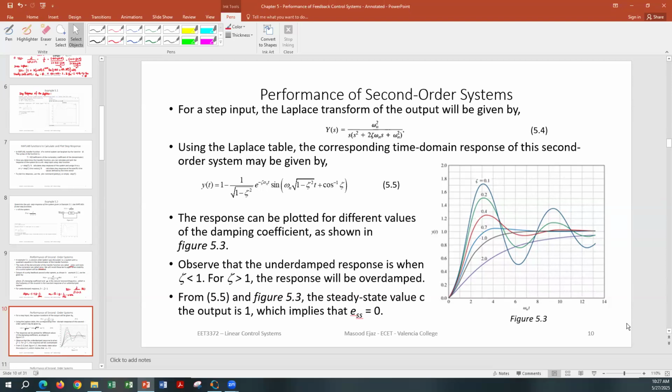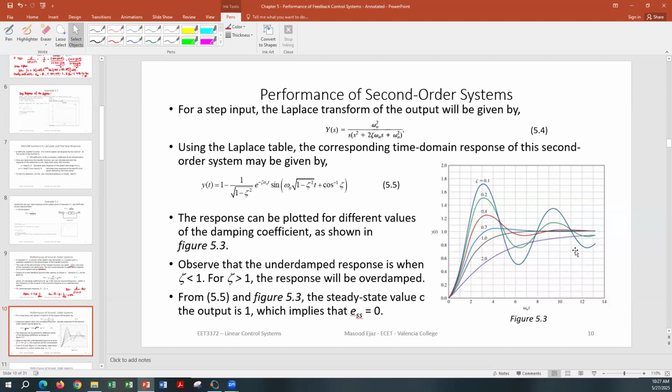So really based upon your system requirements, you have to choose the value of zeta, you have to choose the value of omega n and create the system such that the peak value that you're looking for is obtained, the time in which it settles down is obtained, and all those things. Second order oscillatory systems are very common, underdamped systems in the practical world.